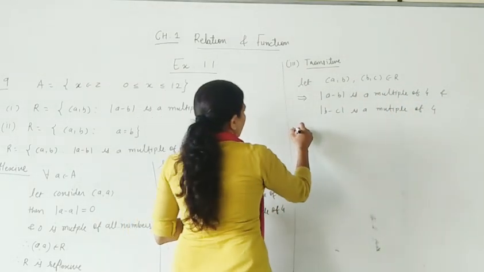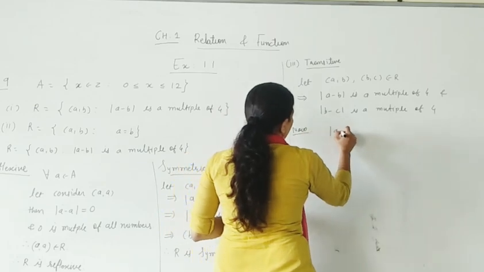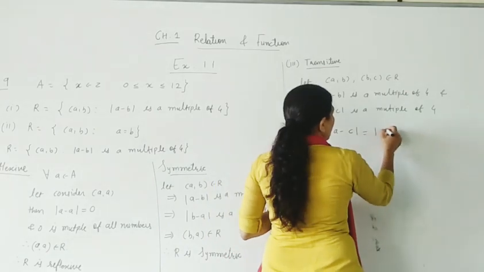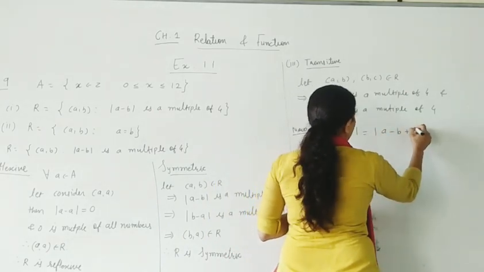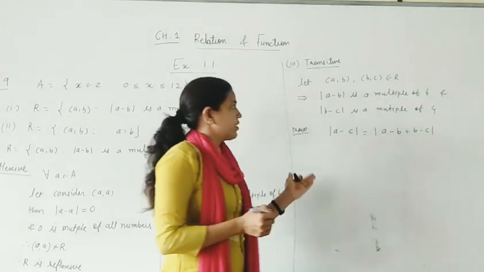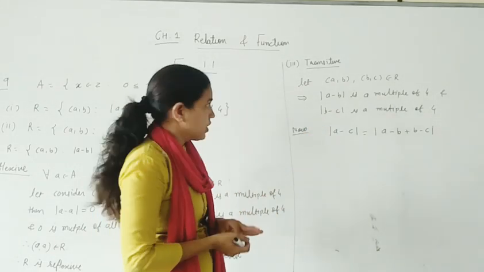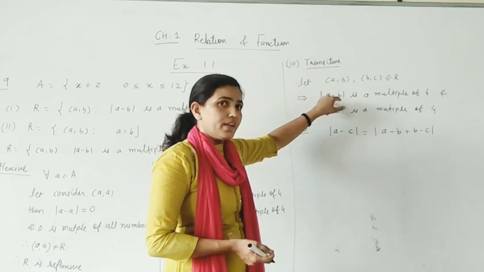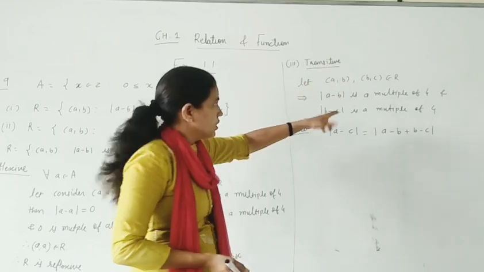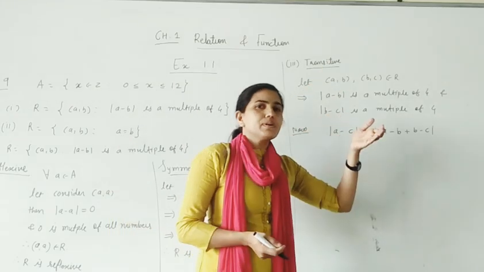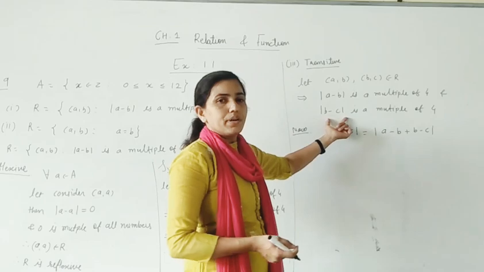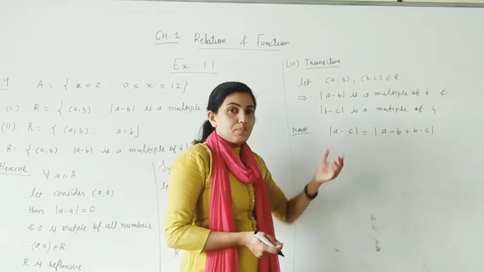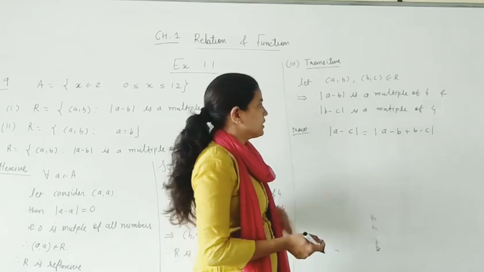Now consider modulus of a minus c. We just add and subtract b. So here we have a minus b and b minus c. If modulus of a minus b is a multiple of 4, then a minus b will also be a multiple of 4. Similarly, if modulus of b minus c is a multiple of 4, then its original number b minus c, may be positive or negative, is a multiple of 4.